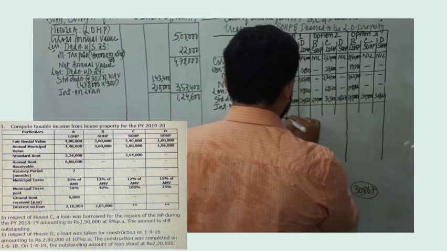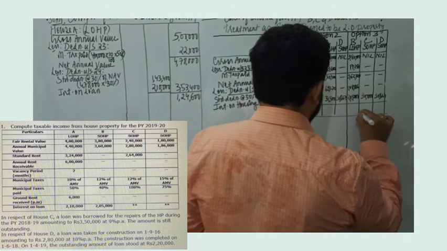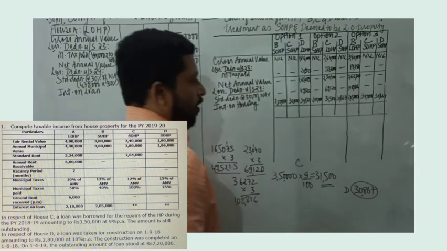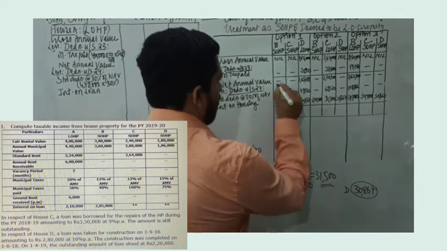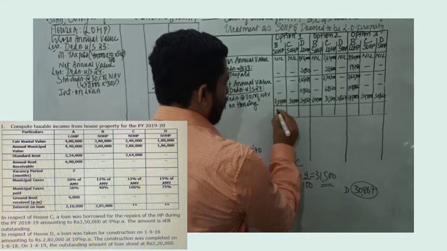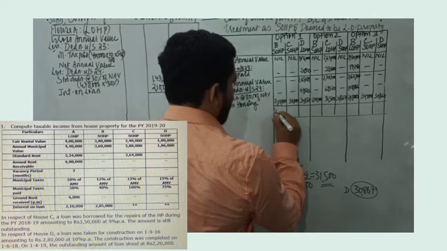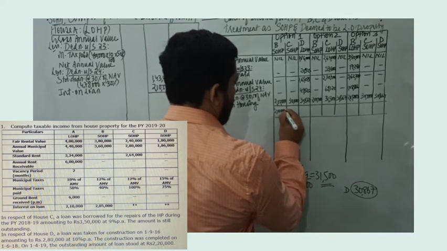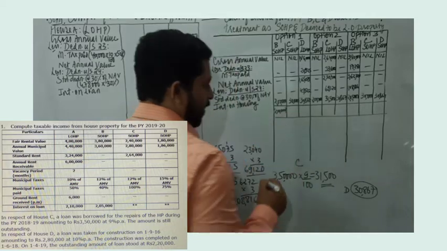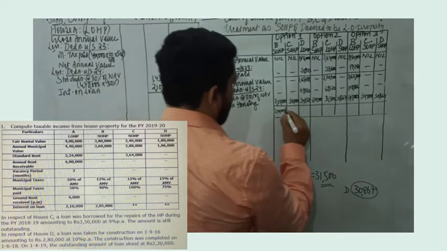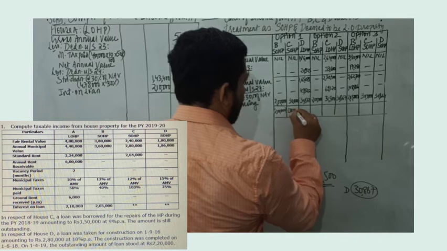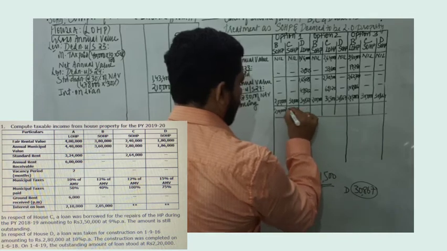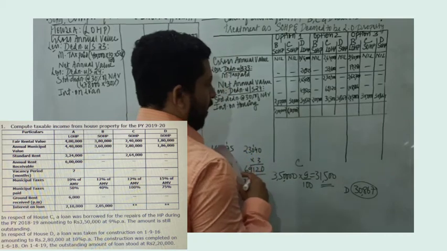We have got all numbers and we'll have to calculate how much is the amount under option 1, option 2, option 3. So here it is 0, self-occupied, 0 minus 2 lakh is minus 2 lakh. So I write the number in brackets, it is minus 2 lakh. Here it is 0 minus 30,000 is minus 30,000. So first we will take all the self-occupied ones.